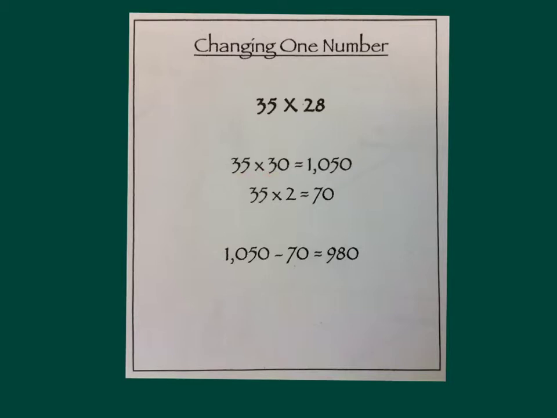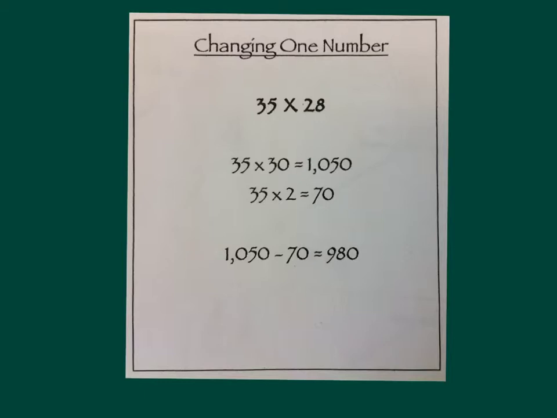From that point, this person recognizes that 35 times 30 is 35 times 2 too big, because we went from a 28 to a 30. So they've done this step as the next part. And again, in just 2 clear, concise notations, they were able to arrive at a final step.